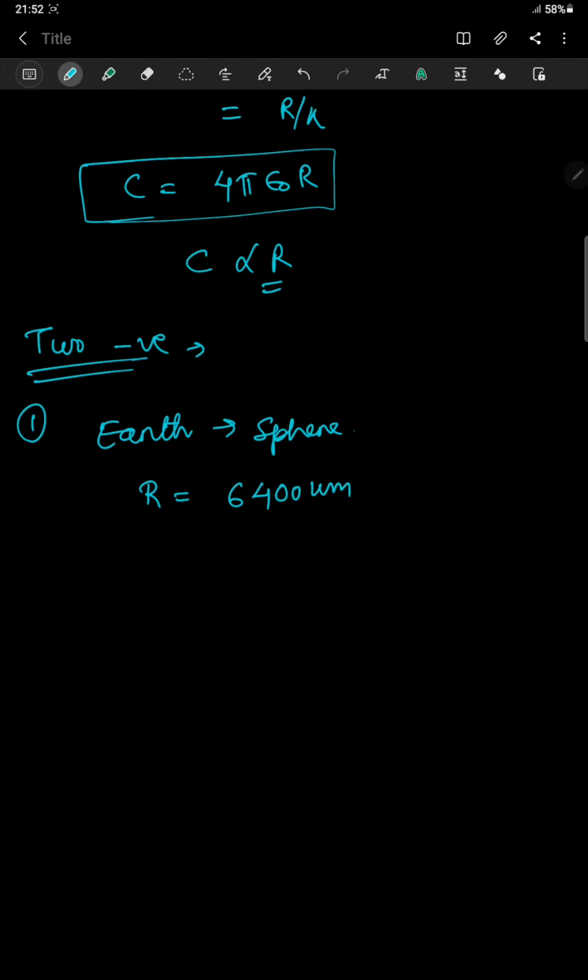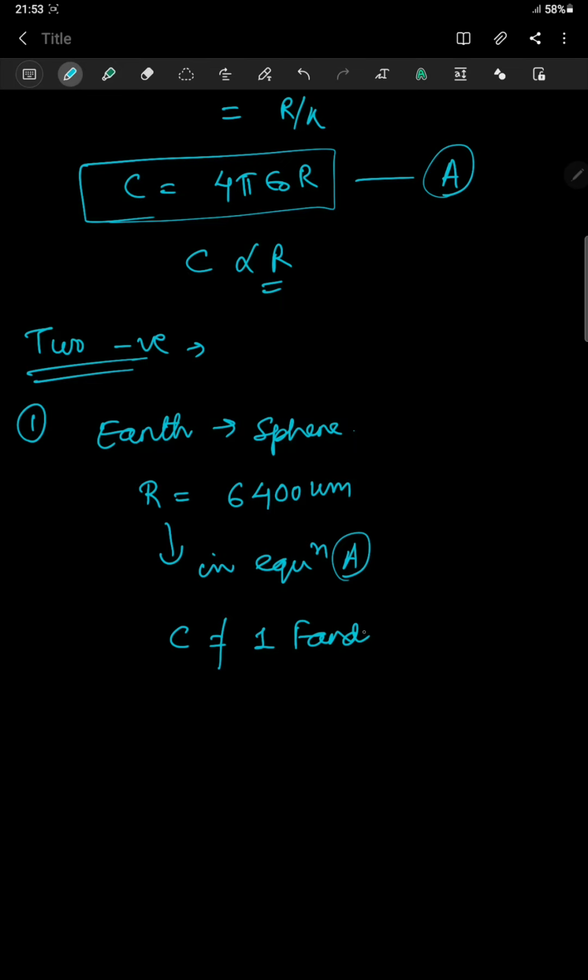So what the scientists did, they put, suppose I take it as equation A, the value of r in equation A. Once you put the value of r in equation A, then what is the capacitance? The capacitance was not equal to 1 farad. It was less than that. So it's better to write that the capacitance was less than 1 farad.